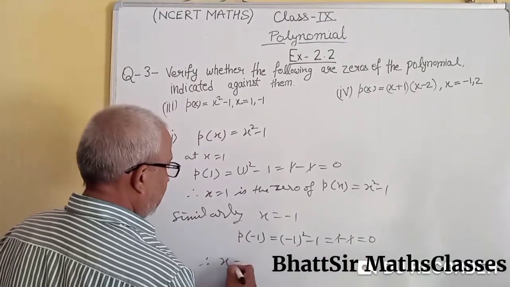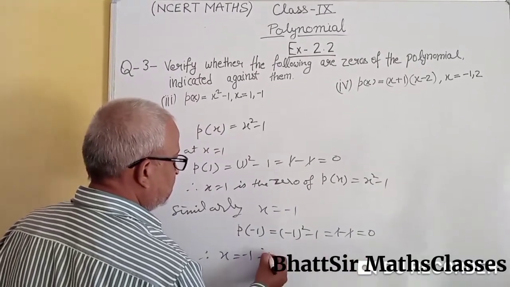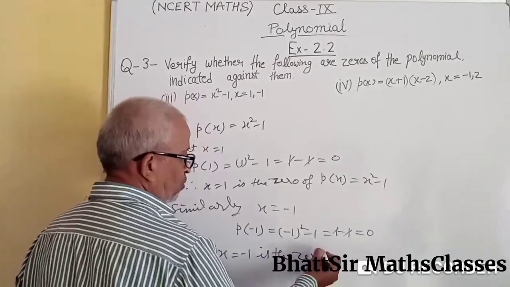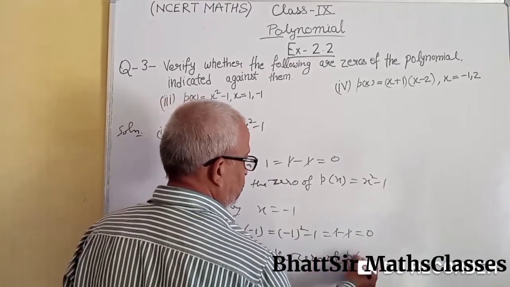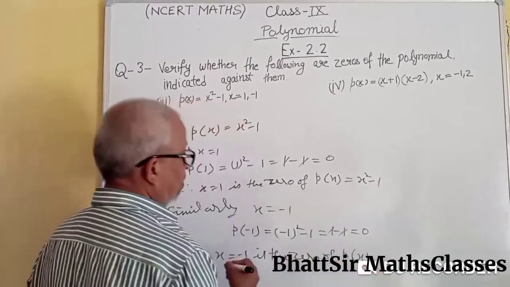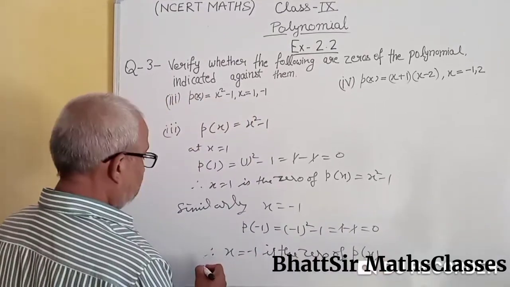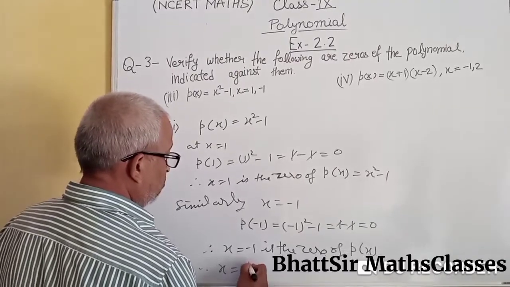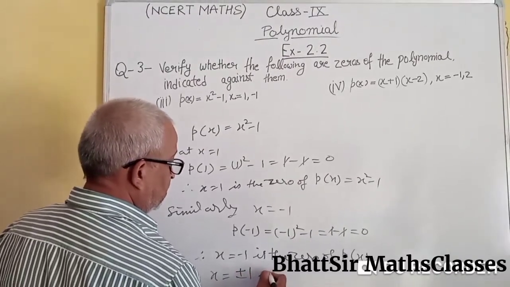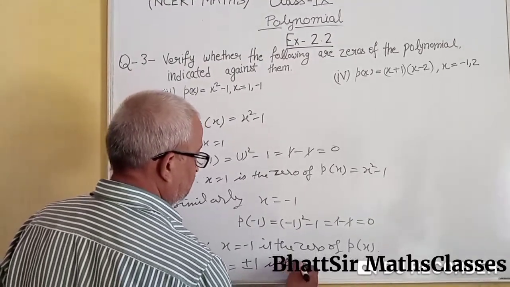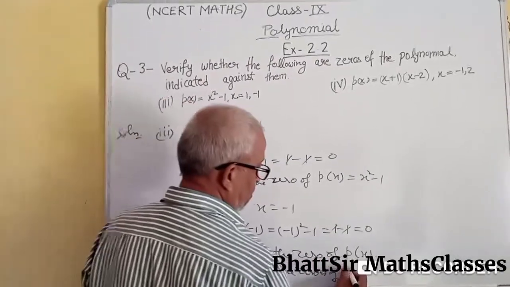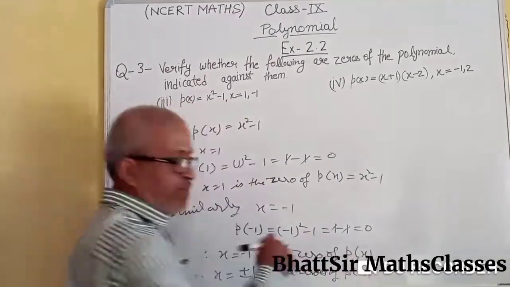Therefore, x equal to minus 1 is the zero of P(x). Therefore, x equal to plus minus 1 are the zeros of P(x).